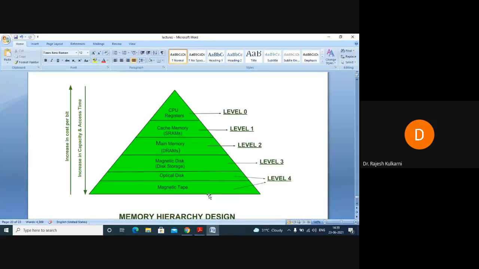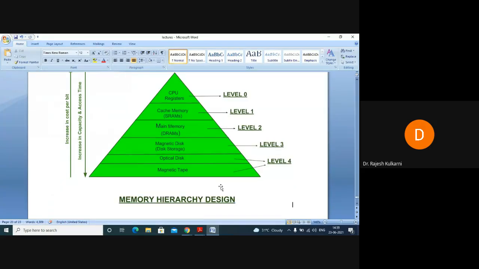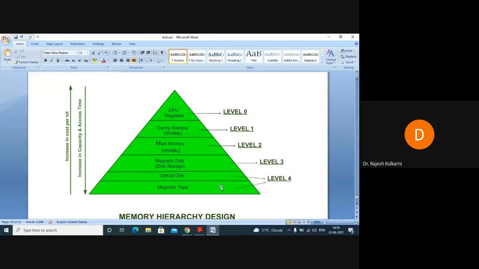I have a diagram also which I downloaded from the internet. You can just look at the different types of memories here. You have magnetic tapes, optical disks, hard disk, then main memory, that is RAM, then the cache memories, then the CPU register.